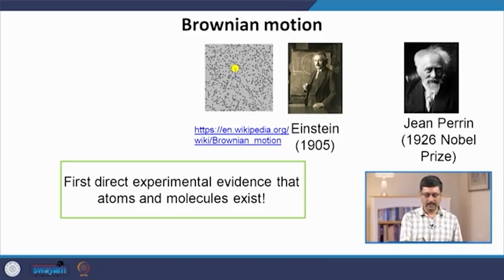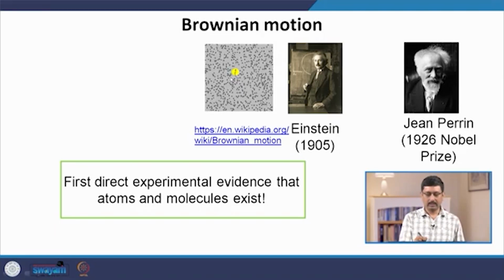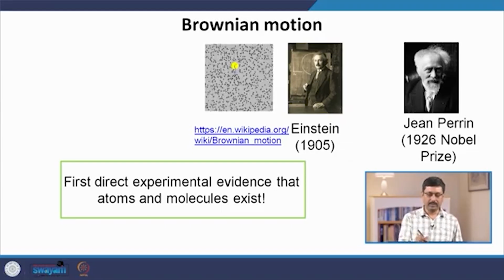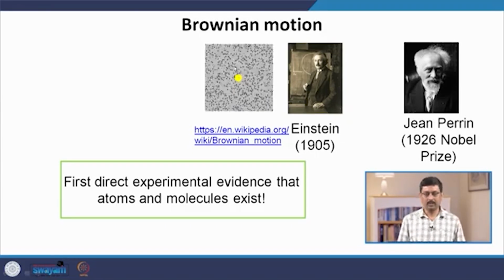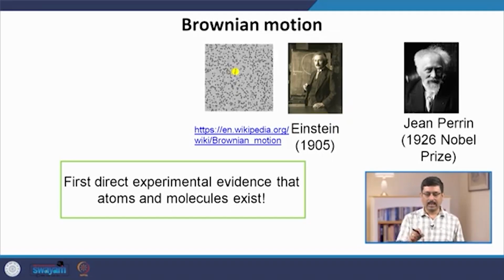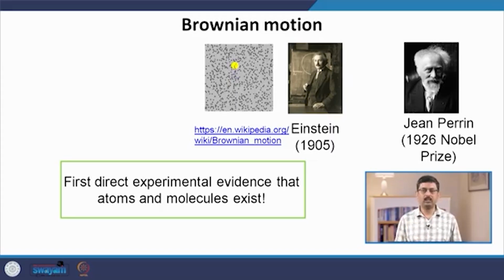Here is an animation of the same. This is an animation, not a real experiment. Imagine this yellow sphere, which is a large object, represents a pollen grain, and these small black dots are the molecules or particles of the fluid.